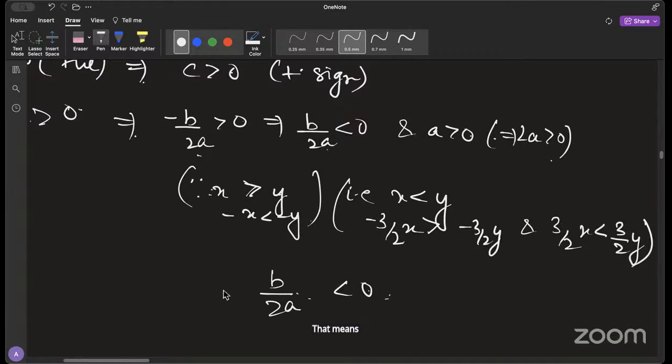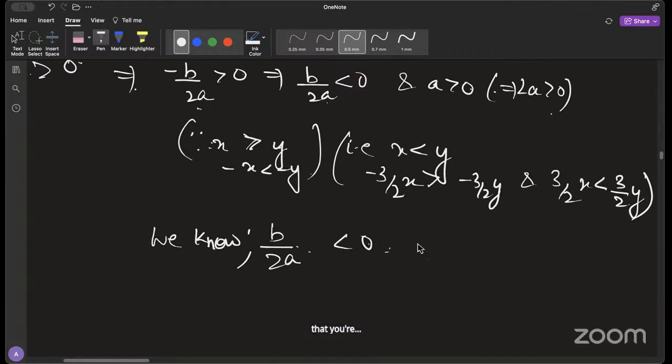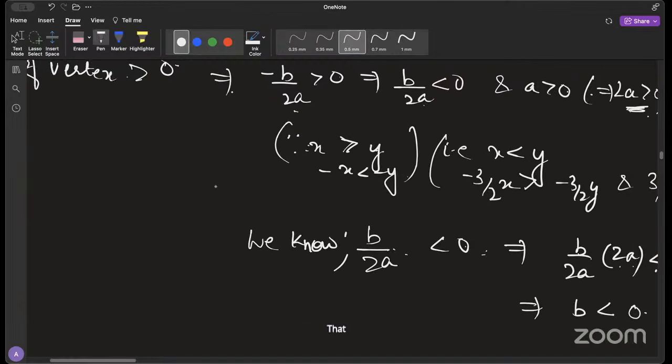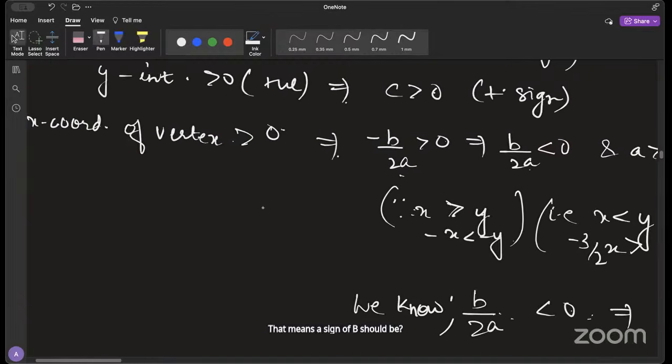So we know that b by 2a is less than 0. This would mean b by 2a times 2a is less than 0 times 2a, and the inequality does not change because 2a is greater than 0. So this means your b should be less than 0. That means the sign of b should be negative.